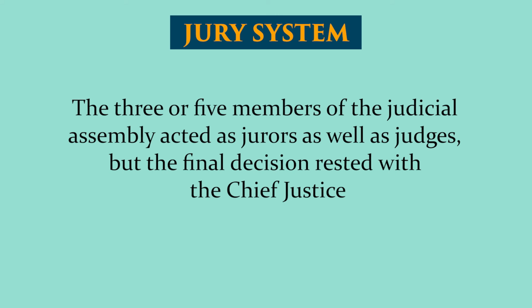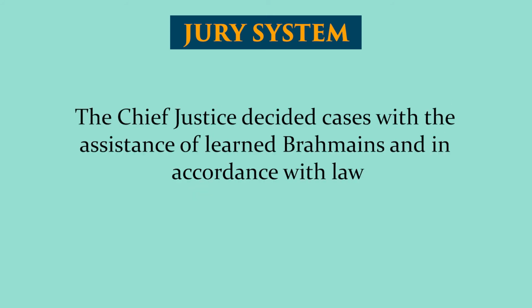Let's come to the jury system, a very important part of judicial administration. The jury would comprise 3 to 5 members who would be well versed in law and the Vedas. The Chief Justice would be empowered to decide cases with the assistance of learned Brahmins and in accordance with the legal principles.